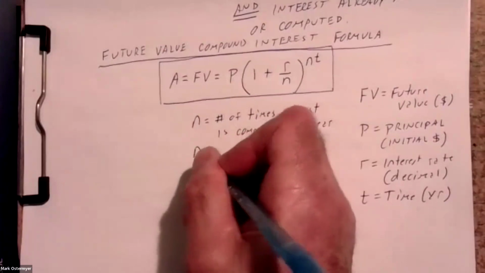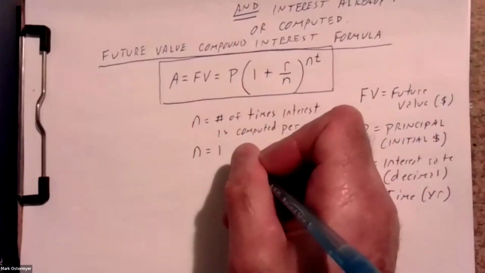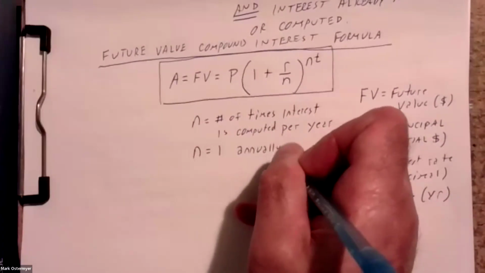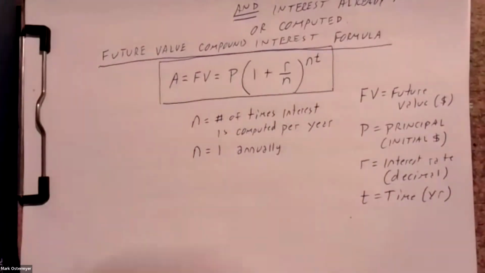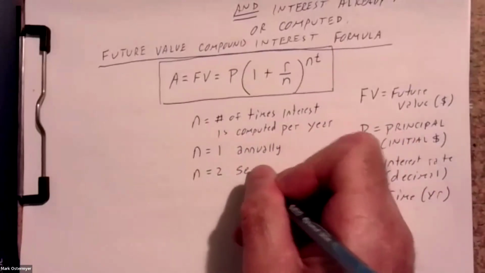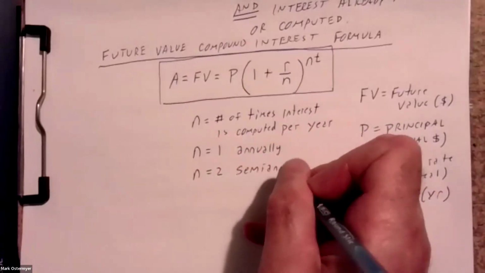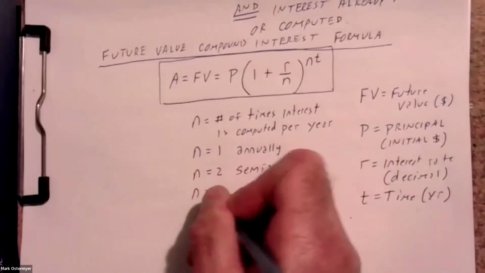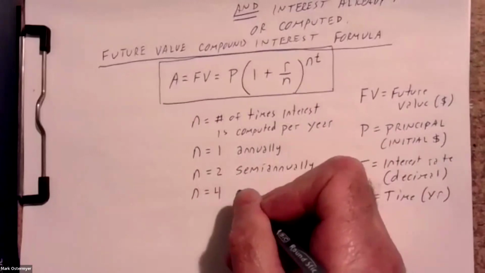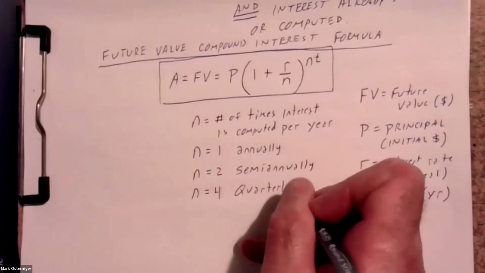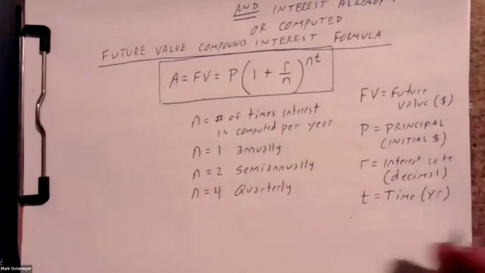Typical values for N would be, if N is equal to 1, that means the interest is computed annually, 1 time per year. If N is equal to 2, that means the interest is computed semi-annually. If N is equal to 4, that means the interest is computed quarterly, 4 times per year, usually at the end of each 3-month period.